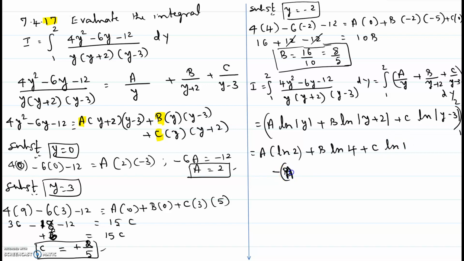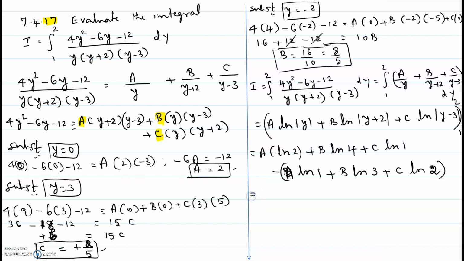So it will be A ln 1, plus B ln(1 + 2), that would be ln 3, plus C ln|1 − 3|, that will be negative 2, but being absolute, we take the positive, ln 2.